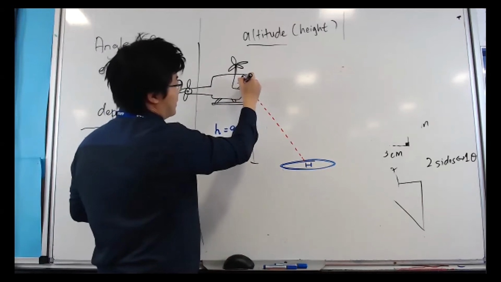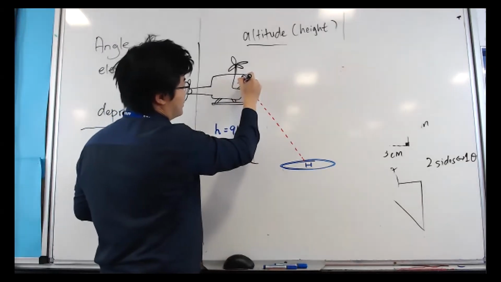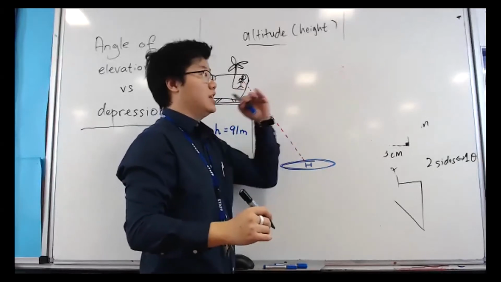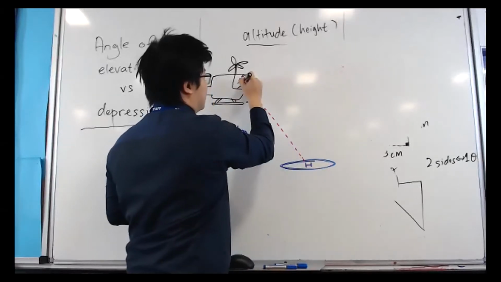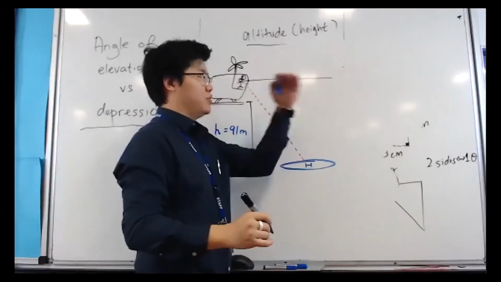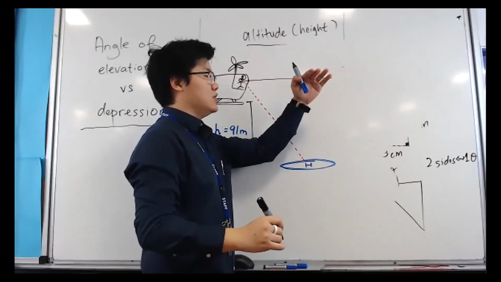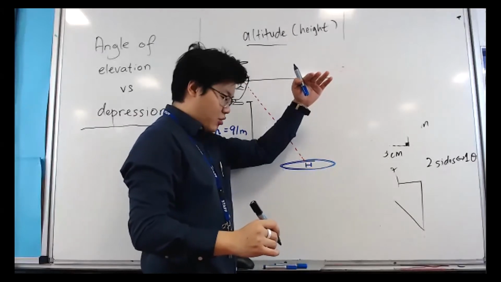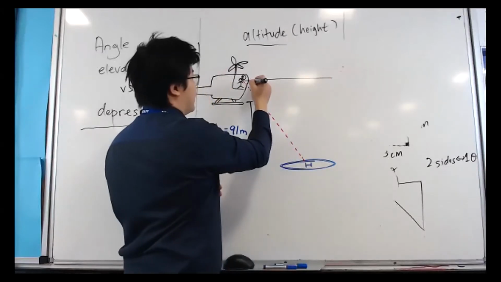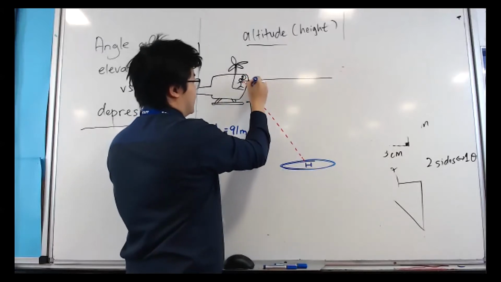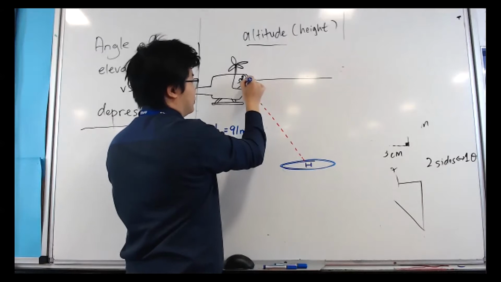So his eye level is supposed to be horizontal, true? But since he's looking downwards, since his head is tilting downwards, the angle of depression is right there. So that's the angle of depression. Do you agree with me?